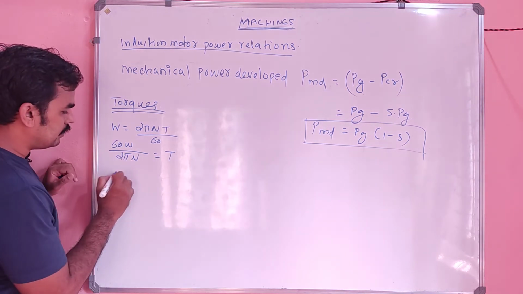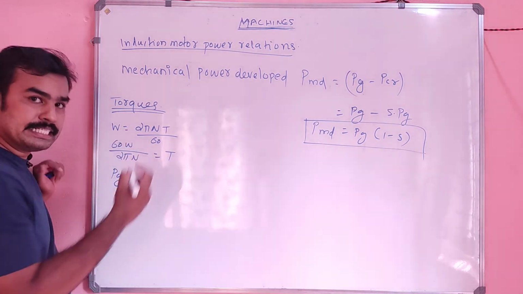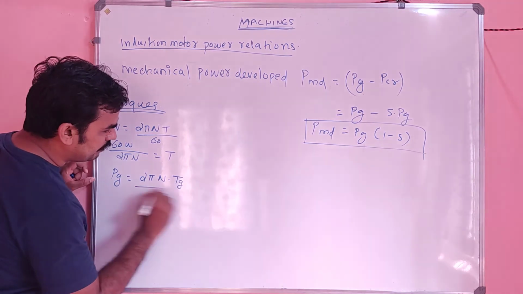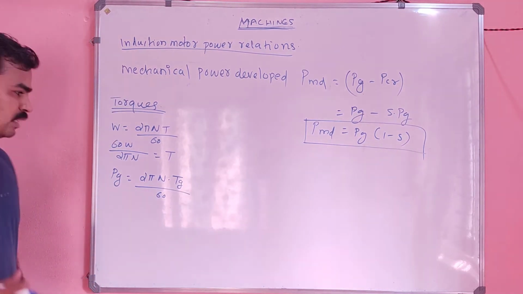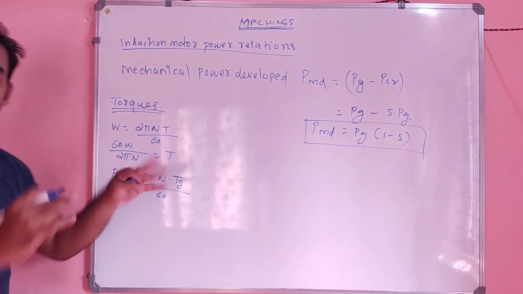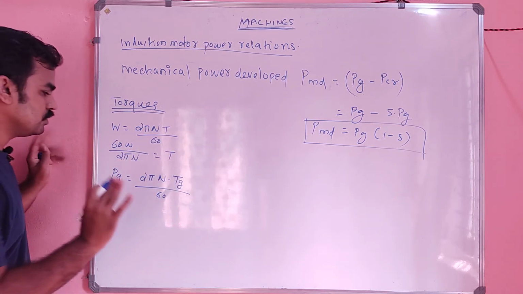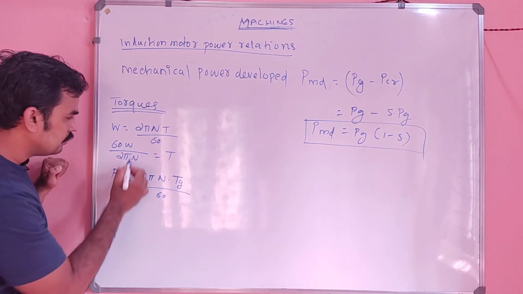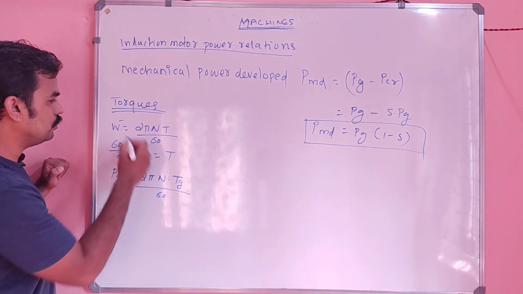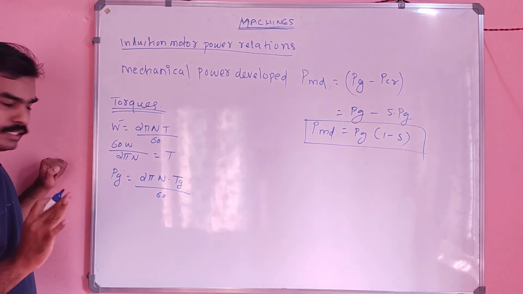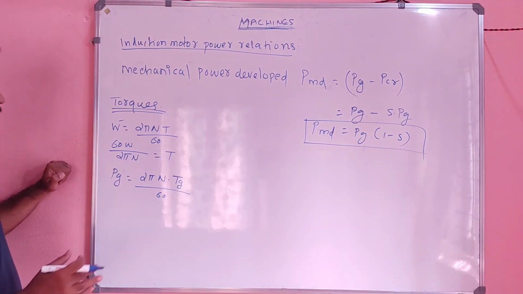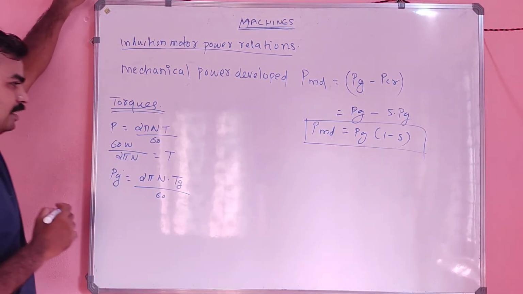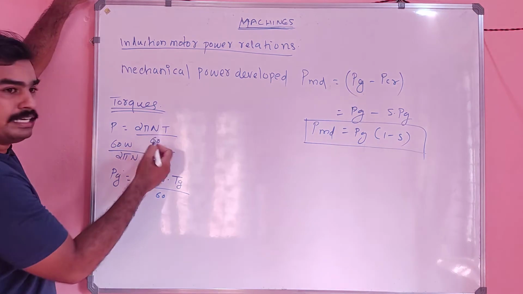The air gap power PG can be written in terms of torque as 2 pi N into TG divided by 60. Now we are going to derive the torque equations in terms of powers. So power P is equal to 2 pi N T by 60.